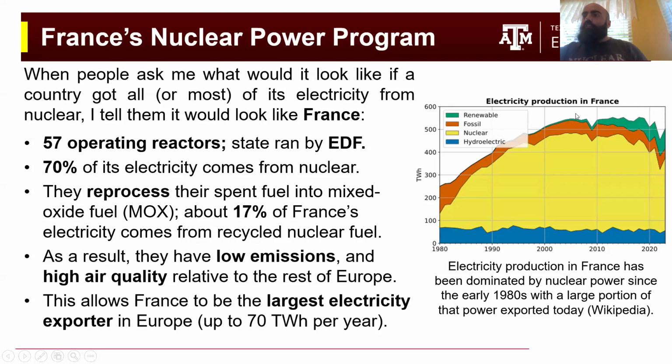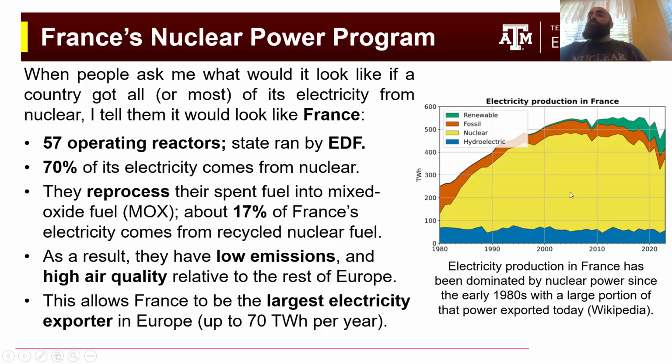And their share of fossil fuel energy has actually decreased over time, and their share of renewable energy has increased over time. As a result of how France's energy makeup is done, if you look at all of the different countries in Europe, France has some of the lowest emissions and some of the highest air quality compared to everywhere else in Europe.